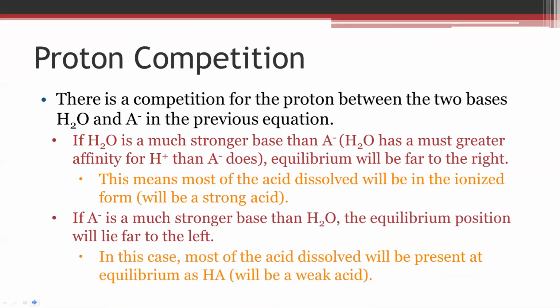Now, if the opposite is true, if the conjugate base is stronger at attracting and accepting that proton than the water molecule is, then the equilibrium position will lie far to the left, meaning that most of the acid will not dissolve and will be present in its original form at equilibrium, which shows us that it is a weak acid, because weak acids do not dissociate as well.